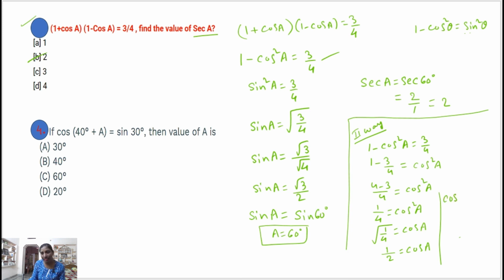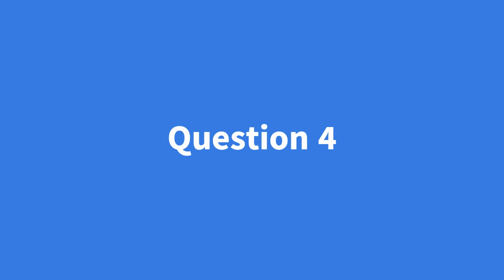Cos 60 degree is equal to cos a. Comparing both sides, we get a is equal to 60 degree. So this way also we get a is equal to 60 only. Then we can find sec 60, which is 2. Okay, now let's move to the next question.